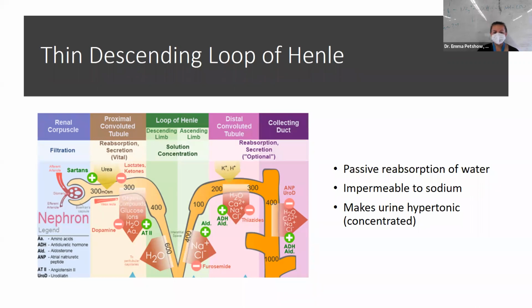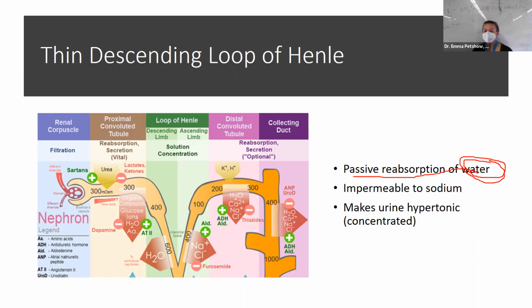So in the thin descending limb of the loop of Henle, we're mainly doing passive reabsorption of water. That's our main thing that we're reabsorbing. We cannot absorb sodium in this section. This is the only area where we can't reabsorb sodium: our thin descending loop of Henle.